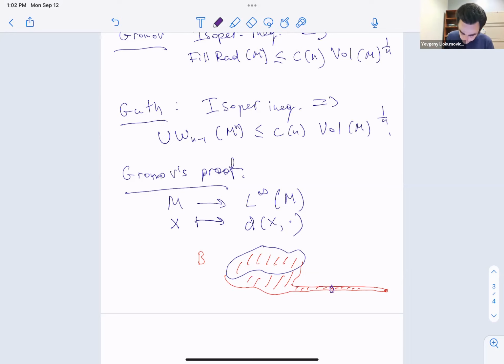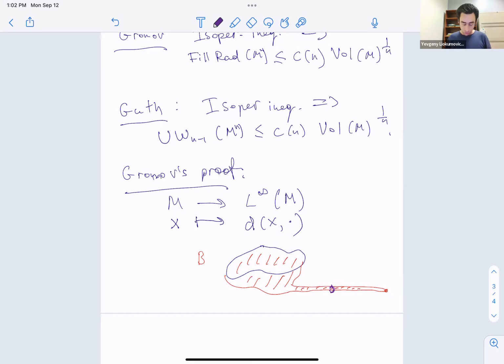And then to these intersections with geodesic spheres, we can also apply the isoperimetric inequality. And playing with these two inequalities, we can cut away all of those fingers and show that, in fact, there is a filling that lies at a controlled distance from the boundary.